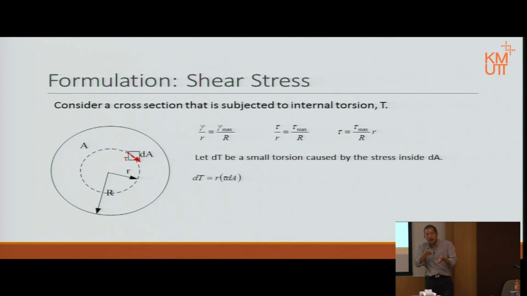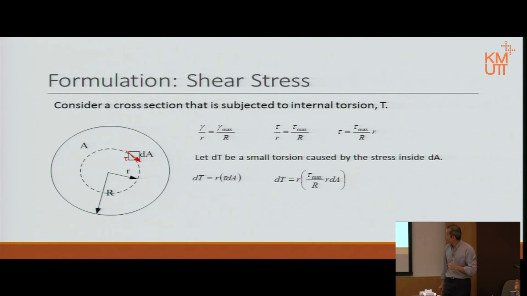So if we draw a line from the center of the circle to the circumference, it's already 90 degrees. Therefore, the 90-degree distance is the radius itself. So that term is the force times the 90-degree distance, which becomes moment around the x-axis in this case. That is the expression for the small torsion caused by the stress inside the small area.